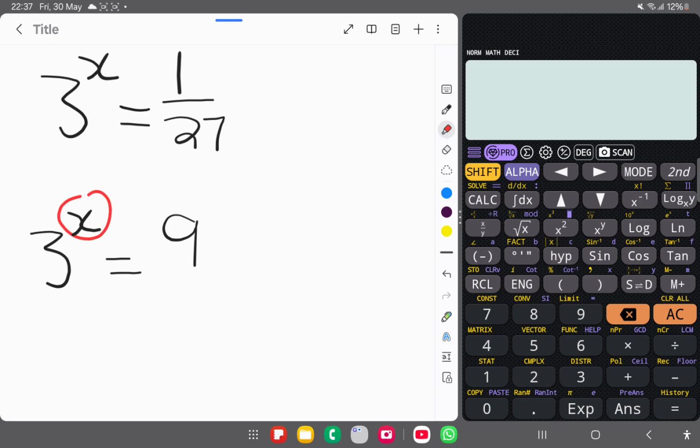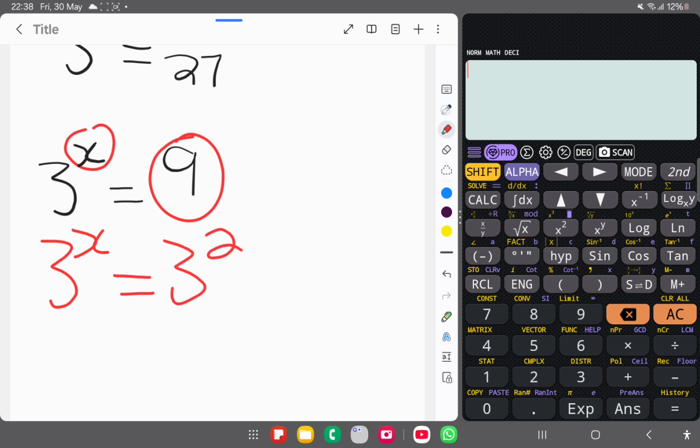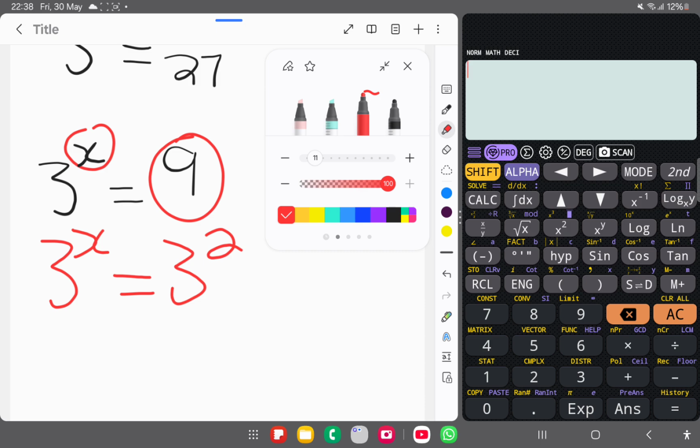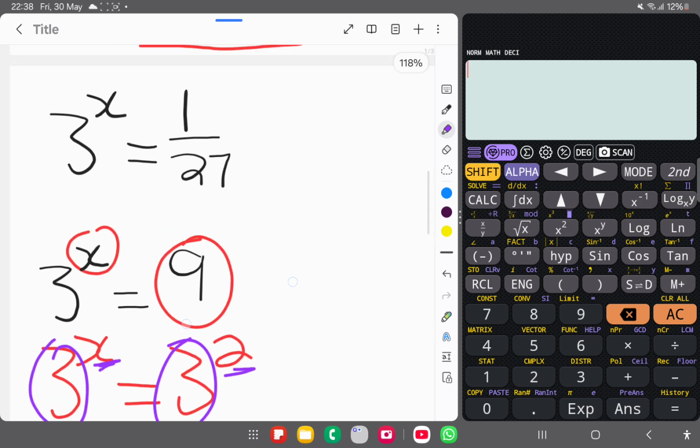Because x is an exponent here, you must change this number to base 3. In other words, you have 3 to the power of x equals 3 to the power of 2. So now you have the same bases, 3 and 3. You equate the exponents, so x equals 2. And then from there you're done.